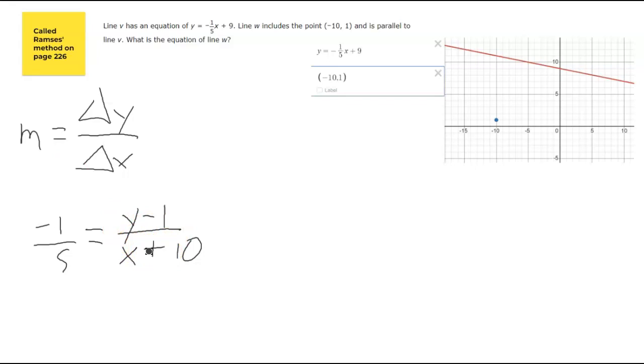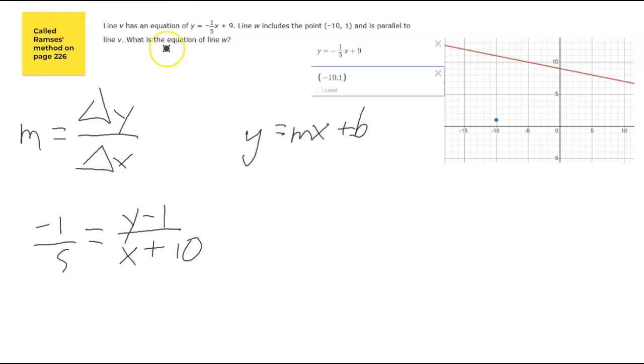All right, so now we've got this proportion set up. So we know that this equals this. So now we just have to figure out how to solve and figure out what y equals, because we want our equation written in the form y equals mx plus b.